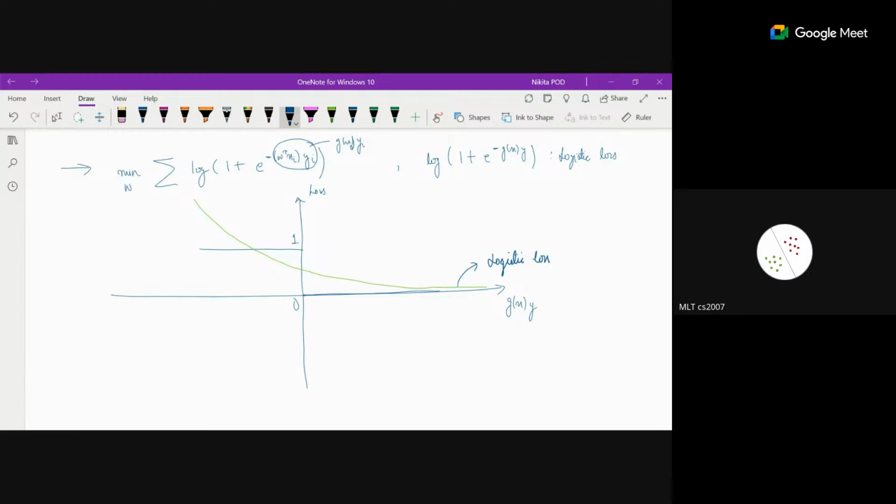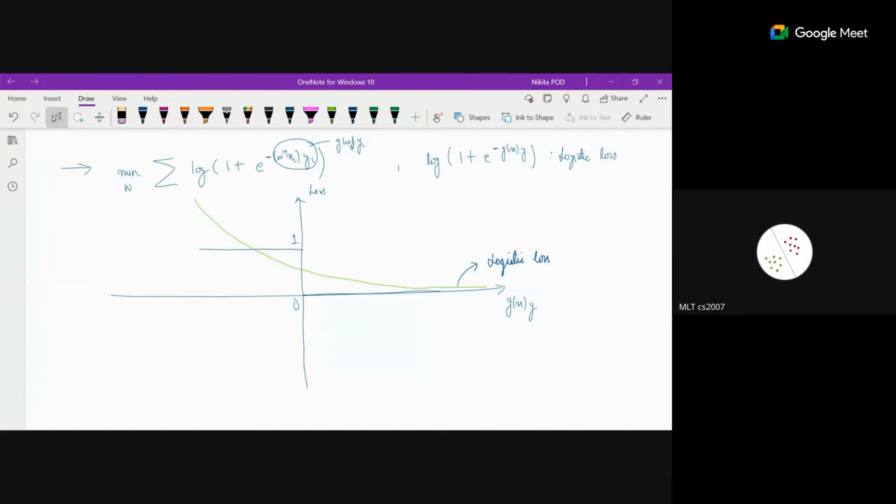So this loss, we are calling it as logistic loss. Okay. So again, if you see this loss, this is again a convex function, and this is also a better loss function than what we had seen in case of regression.